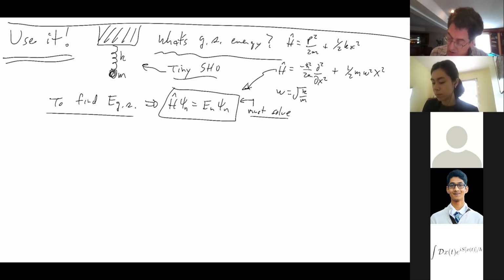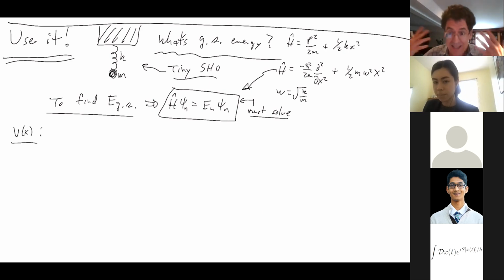Okay, so what we're going to do is skip all the hardness and pretend that we don't know. Suppose no one ever showed you how to solve it, then you probably wouldn't be able to solve it on your own unless you're some kind of math genius. So let's suppose that no one ever showed you how to solve it, and you want to solve it. What you do is you draw the potential.